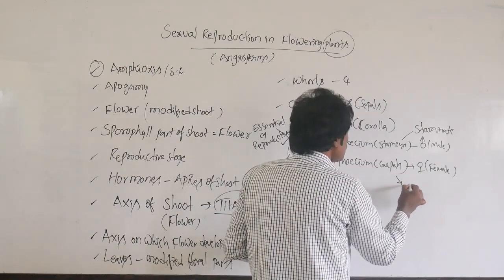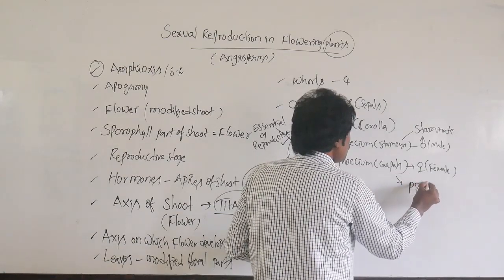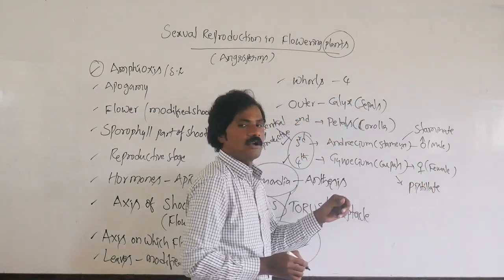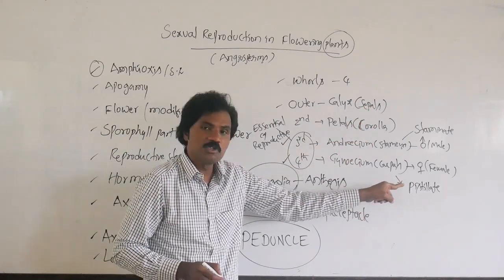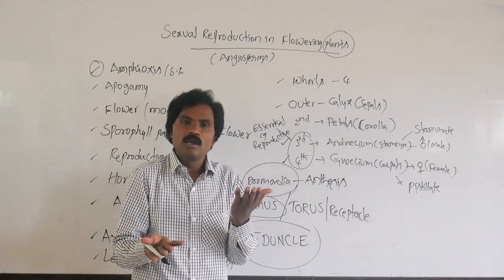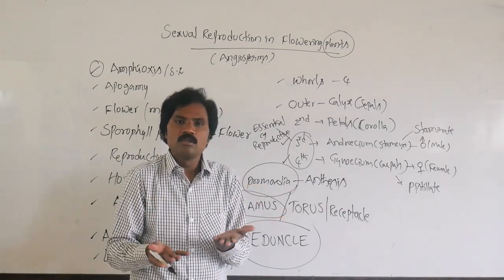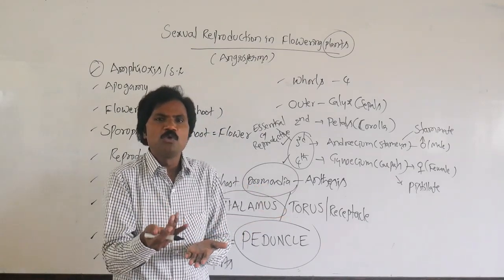If only female is present, it is a pistillate flower. If neither male nor female is present, we call such flowers neutral flowers.